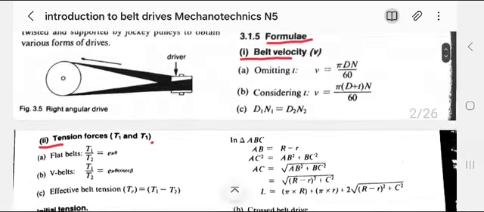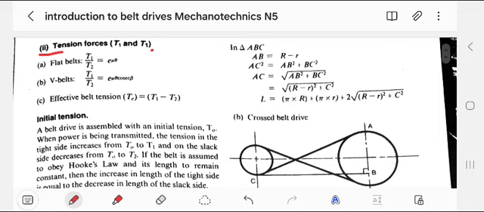You have been given the tensions T1 and T2. How do we calculate them? Here is the formula for a flat belt: T1 over T2 is equal to e raised to the power of coefficient of friction multiplied by the angle of contact. But if you're dealing with V belts, we consider cosec beta, which is the same as 1 over sine beta.